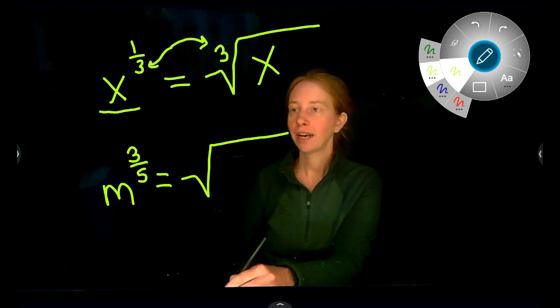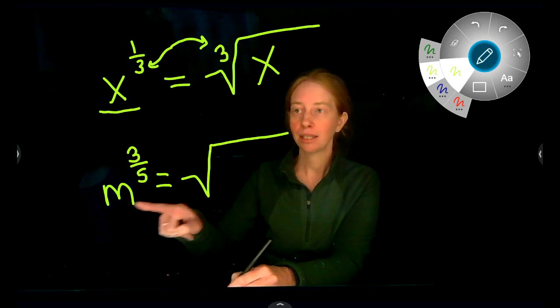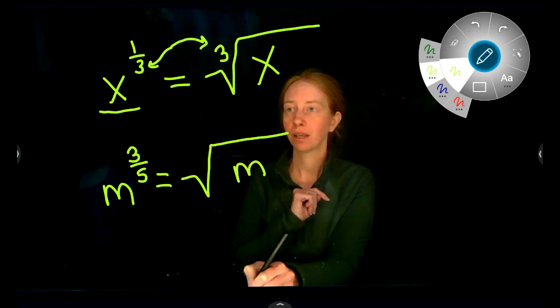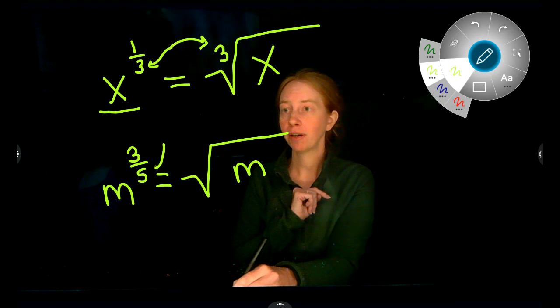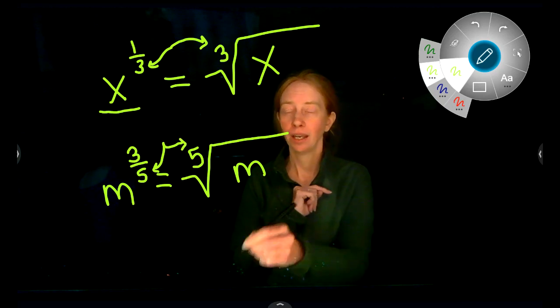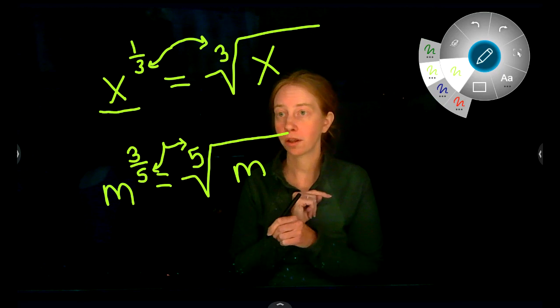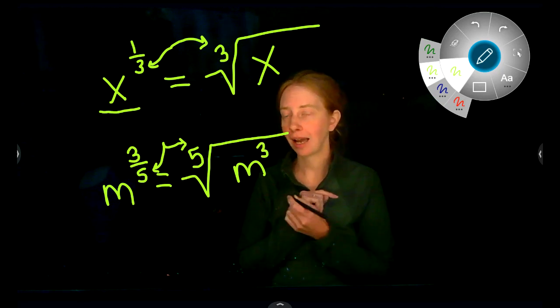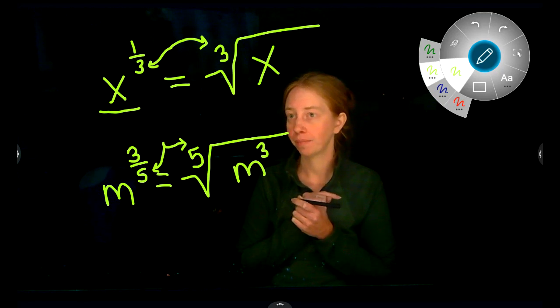Our base m is going to be our radicand. The denominator of our fraction comes right over here to be our index. And then what do we do with the 3? That actually stays right here as an exponent on the m.